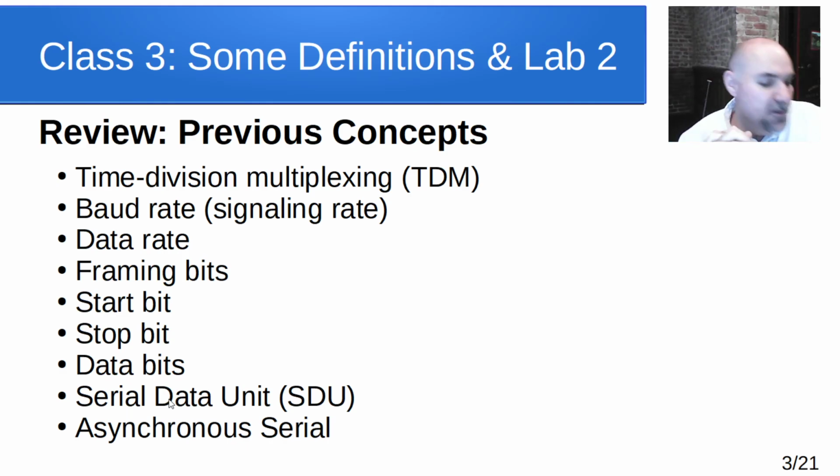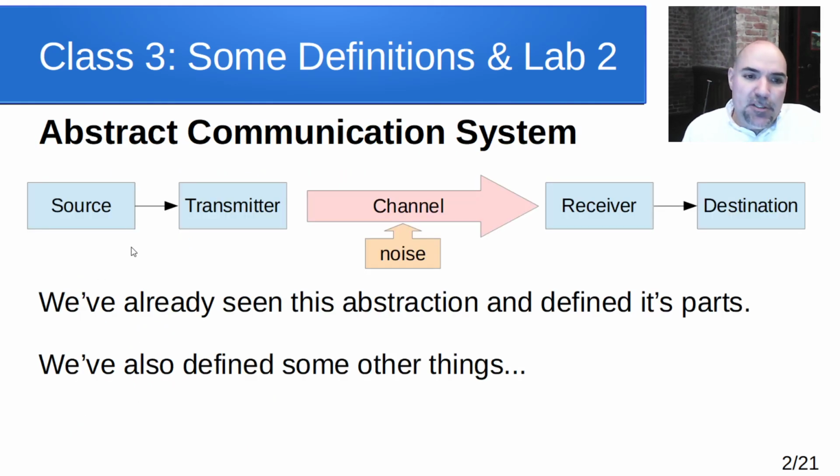The baud rate, also known as the signaling rate, is how often there is a change to the channel. If it's a wire, it's how often, at maximum, do we change the state of it. The data rate is how much data we can fit through that channel. In other words, going back here, how much source data goes through the channel per second, rather than how quickly we are changing the channel per second. Notice those are different.